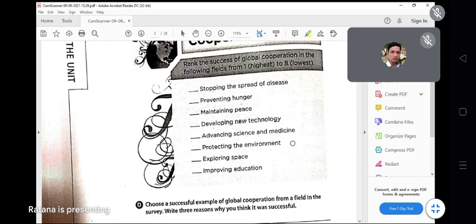Okay, I'll just ask you a little bit. Again, which one do you think is the highest level according to the global cooperation scale?